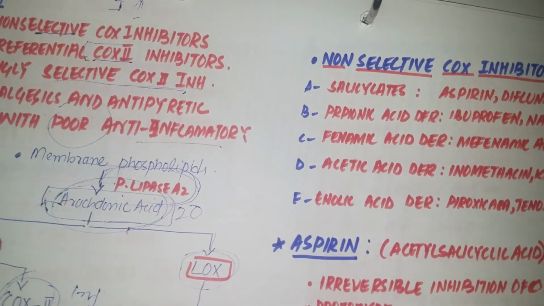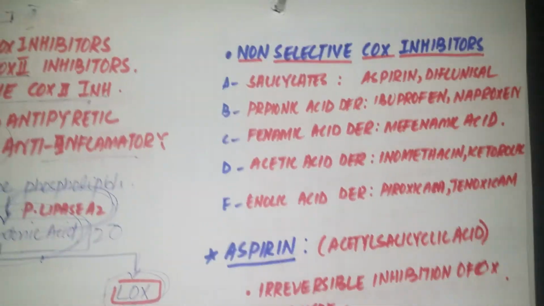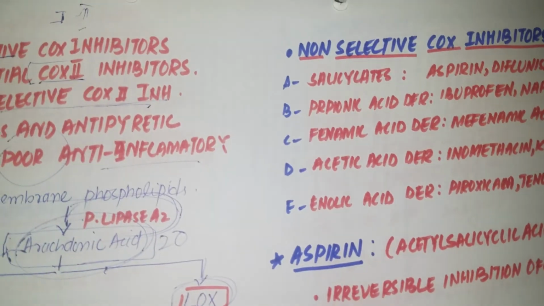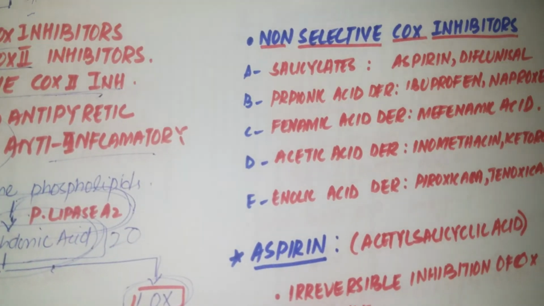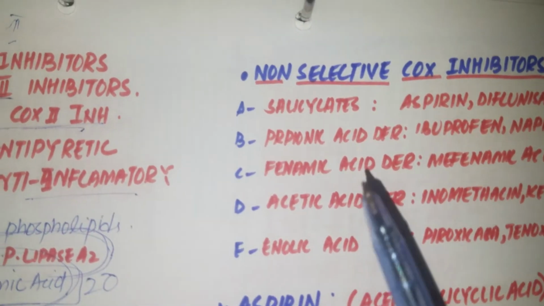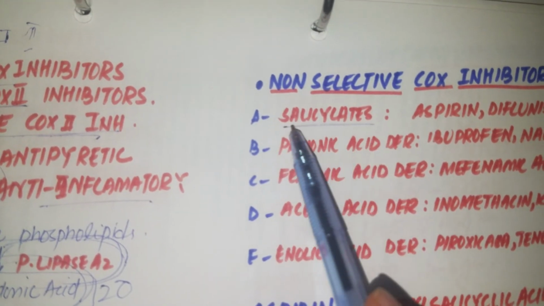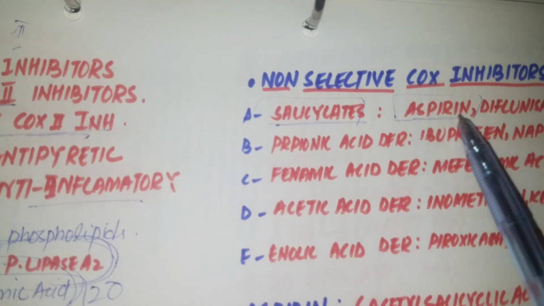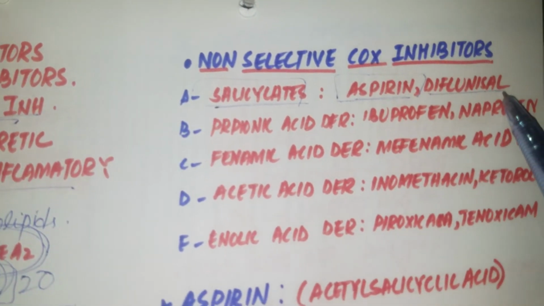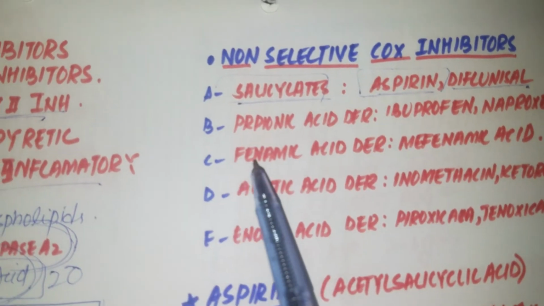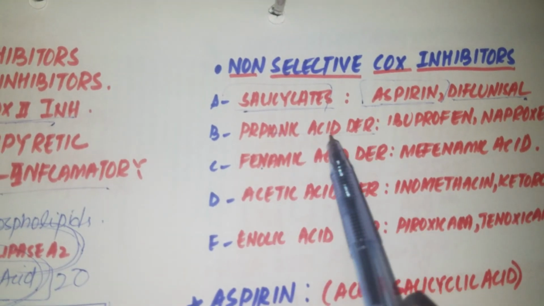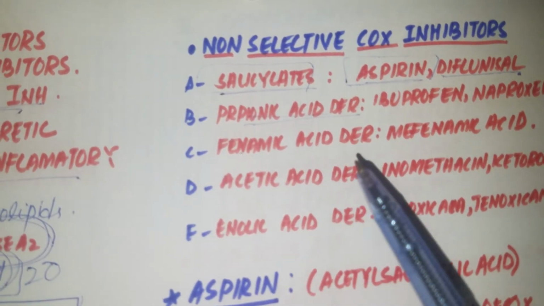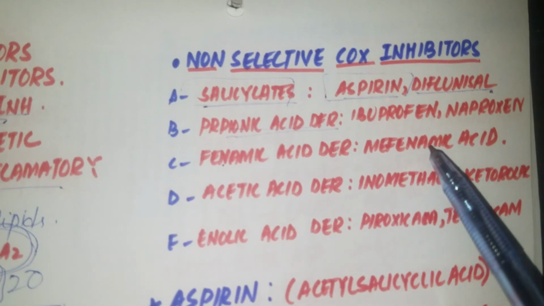Now coming toward the first one, which are non-selective COX inhibitors. They are further divided into 5 subgroups. The first one is the salicylates. They include two main drugs, aspirin, which is the most important one, and diflunisal. The second one is the propionic acid derivatives like ibuprofen, naproxen, and flurbiprofen.